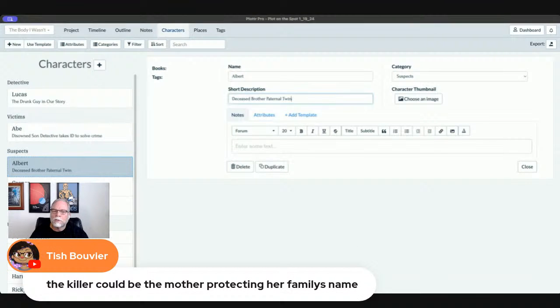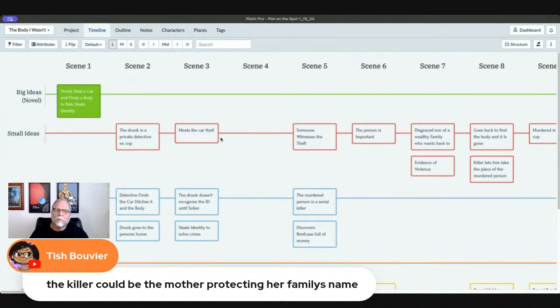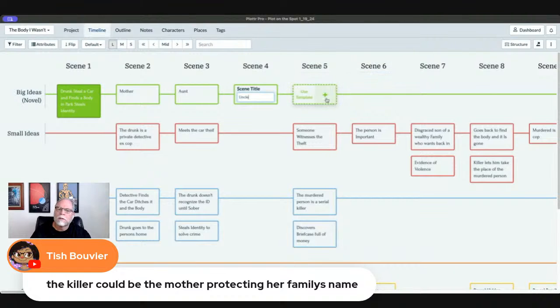Okay, so let's do a little bit of voting again. Let's go back to the timeline. We'll go back up to the top. And so we're going to go for who the killer is. So we're going to say mother, which we're going to create in a second, the aunt, the uncle, brother, or someone.